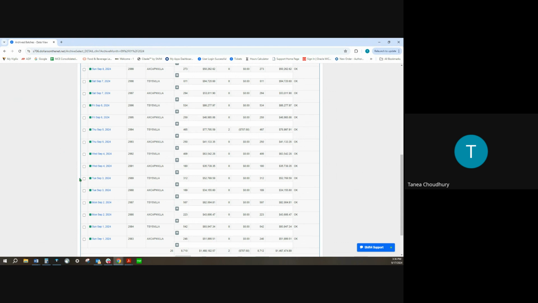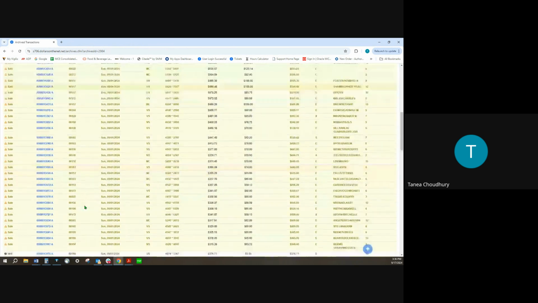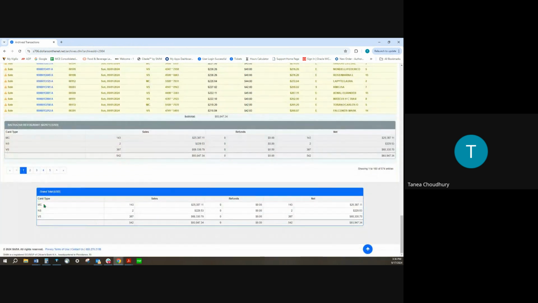All right, well, in this case, you can see they're separated. This one right here is just MasterCard, Discover, and Visa. Not all locations are going to have their Amex separately, but this one does.